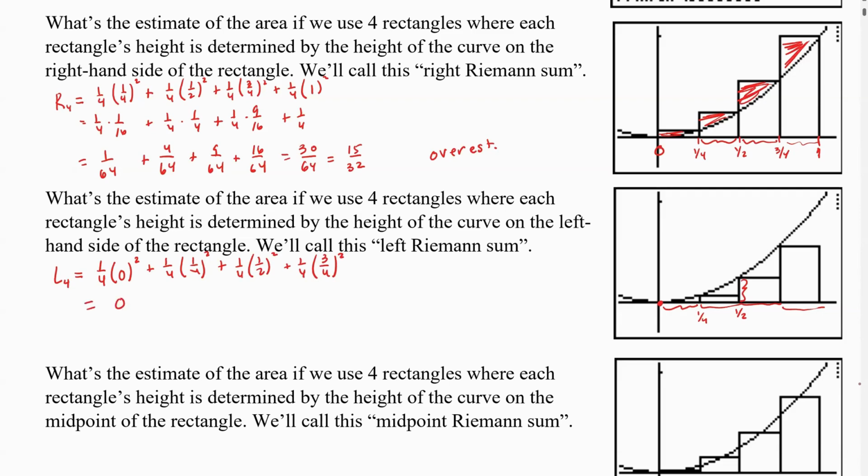Cleaning this up again, I get 0 plus 1/64 plus I think 4/64 plus 9/64. Again, we have common denominator 64, coming out to a total of 14/64, which is 7/32.